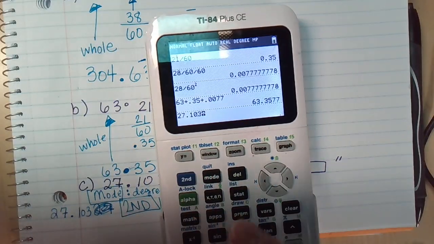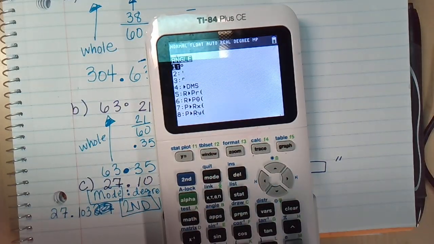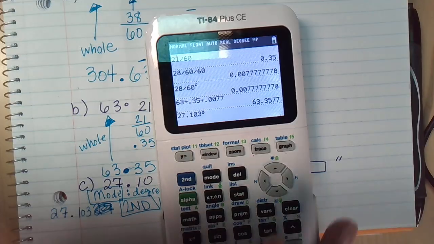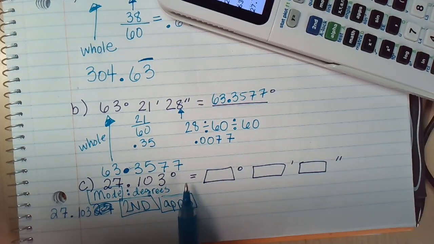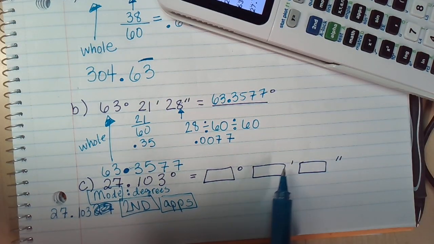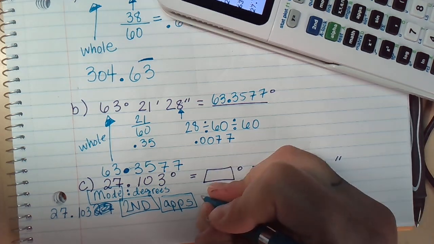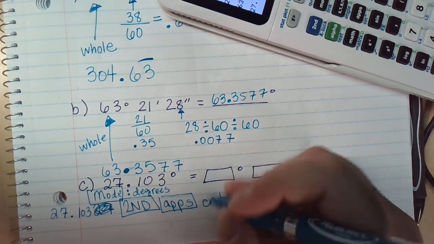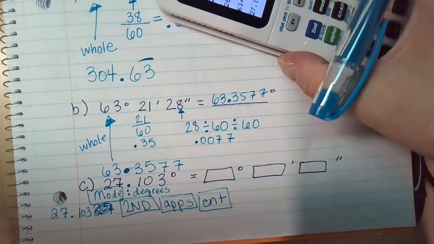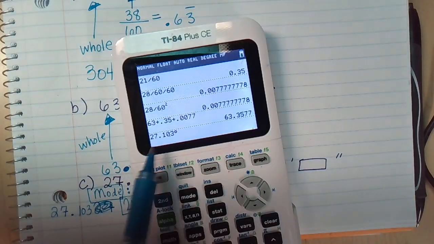And then second apps, enter on that little degree. And then now we want to convert it to degrees, minutes, seconds. So we typed in 27.103, then second apps, enter. That got us all this.